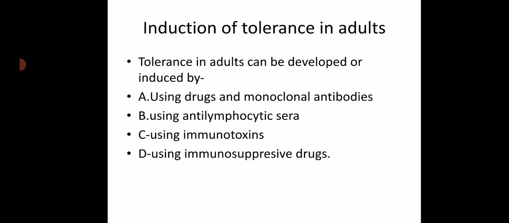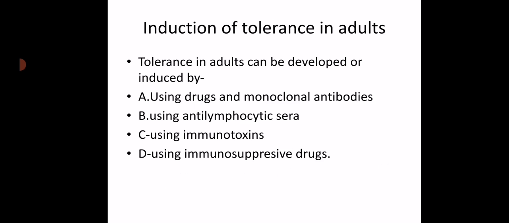One thing is that tolerance can be developed in the body by using either monoclonal antibodies or drugs, or by using anti-lymphocytic serum, or by using immunotoxins, or by using immunosuppressive drugs. By using certain specific monoclonal antibodies, you can develop tolerance.